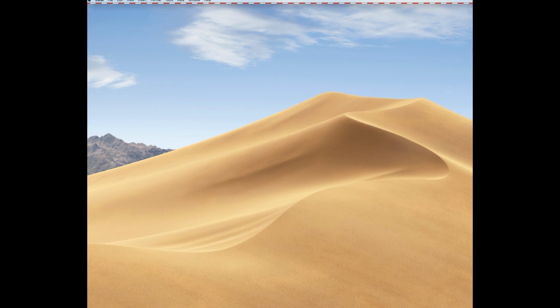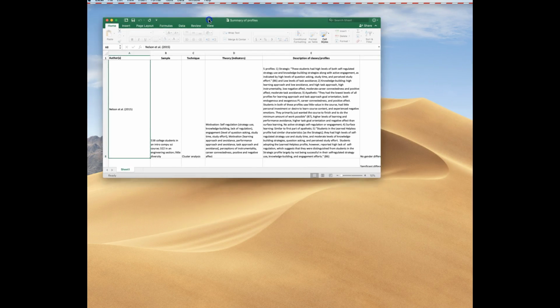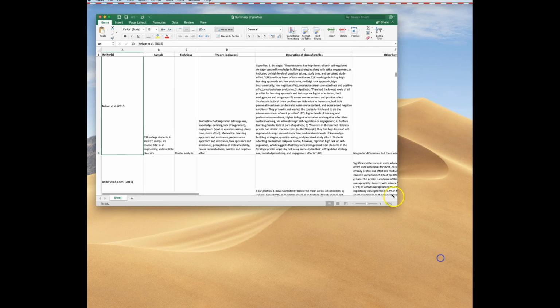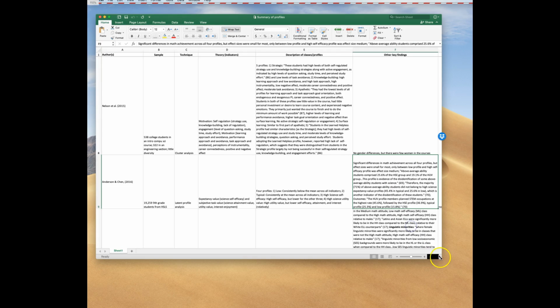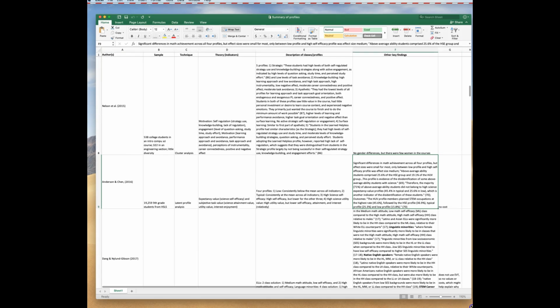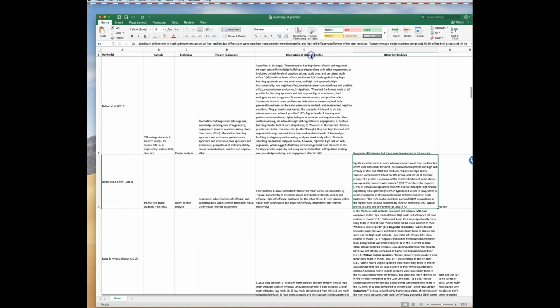A more recent study, I've done the same thing, but with a slightly different purpose. I've read a bunch of studies on student motivational beliefs, and I'm specifically interested in their findings here and what theory they use to frame the research.